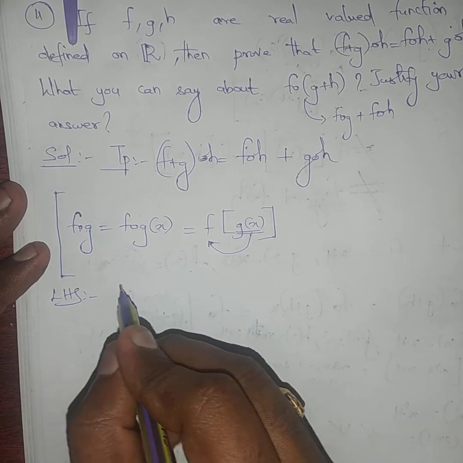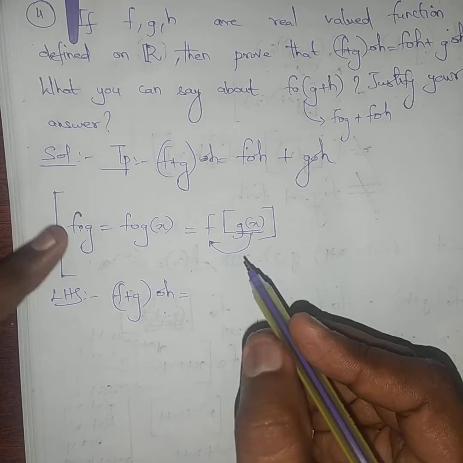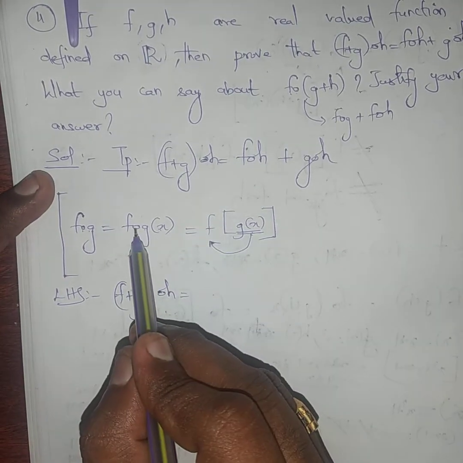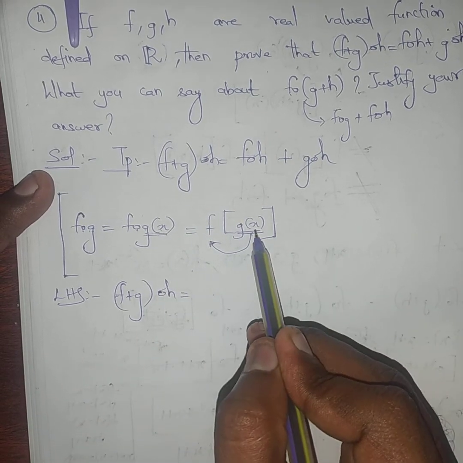What is the LHS given here? (f plus g) composite of h. After the composite, what comes on the right-hand side is the inner function.